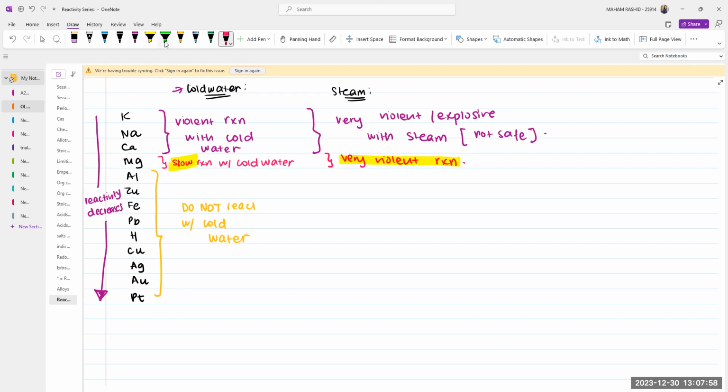Now here, as you start going down from aluminum till copper, the reaction with steam becomes slower.